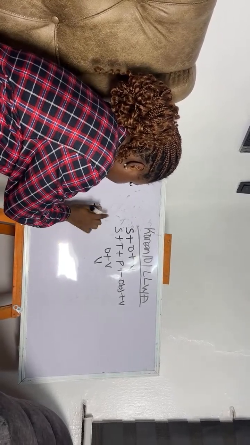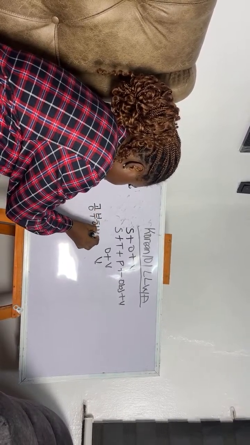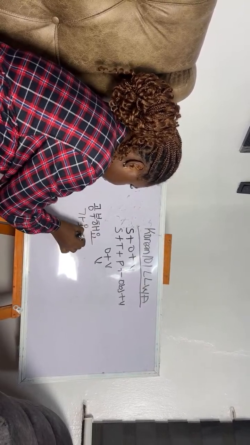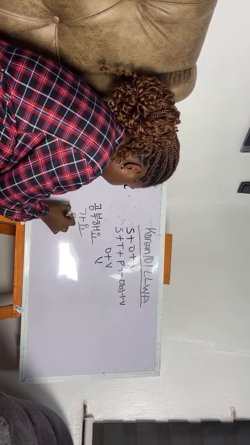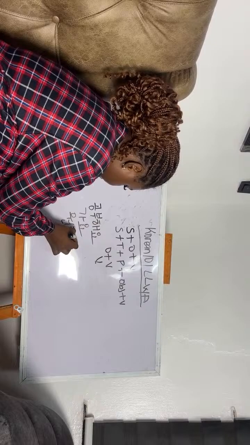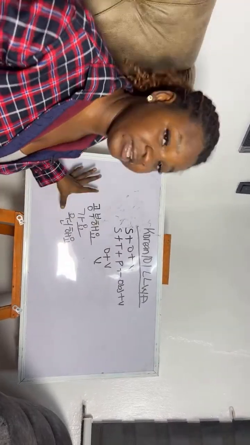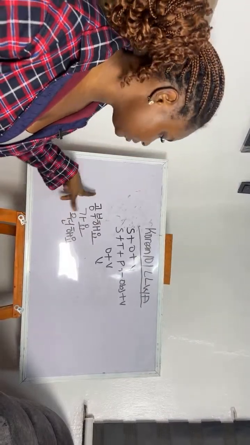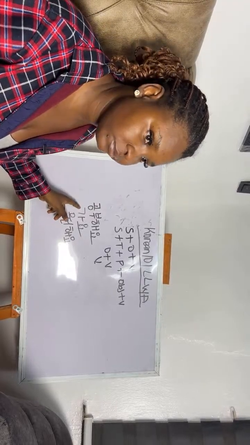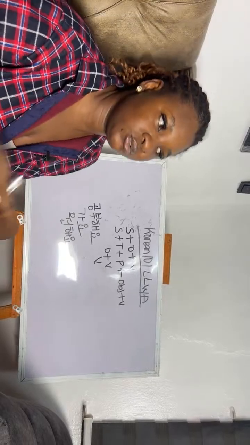Okay, let's do it. So I have a list of three verbs here. This is the gongbuhae verb, to study. This is the gayo verb, to go, and this is the wonhae verb, which is to want something.